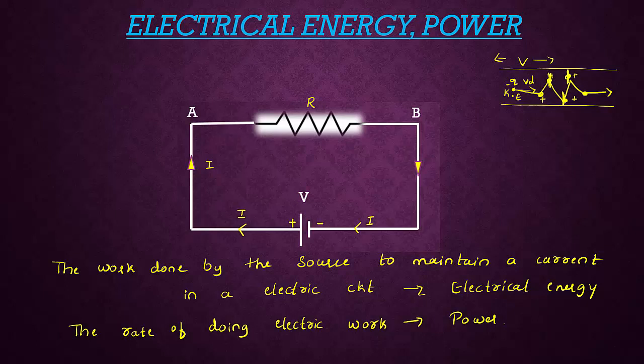These positive ions start to vibrate about their mean position because they are not moving. They are fixed at a certain point inside the conductor. So the kinetic energy of the electron is shared with the positive ion. When these positive ions get kinetic energy, they vibrate vigorously inside the conductor. Because of this vibration, a certain amount of heat energy is released, so this conductor heats up.